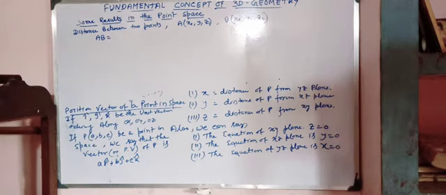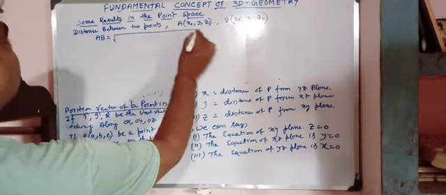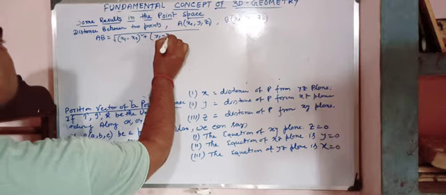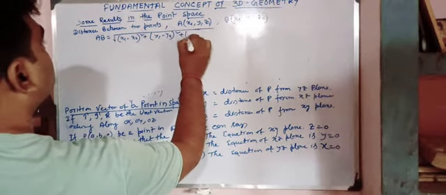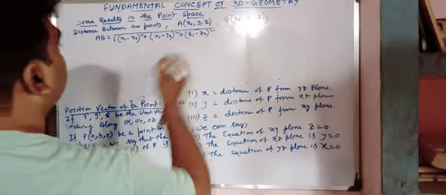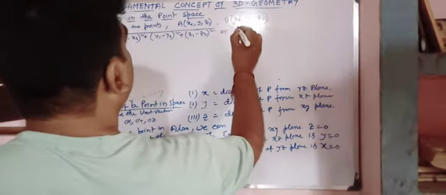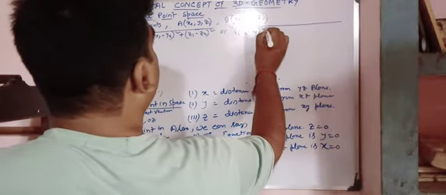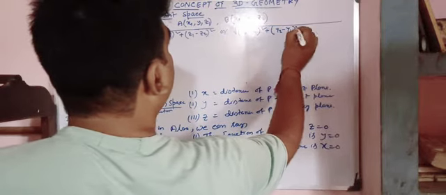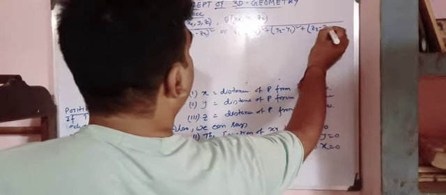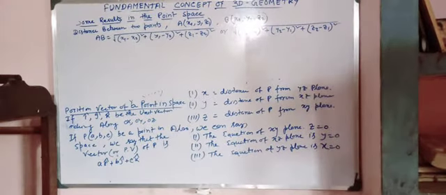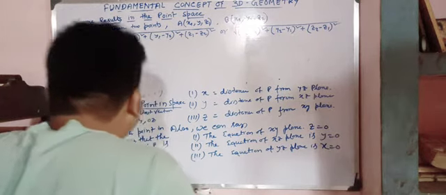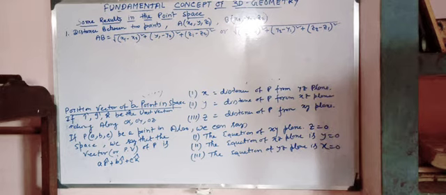The distance is the root under of (x1 minus x2) whole square plus (y1 minus y2) whole square plus (z1 minus z2) whole square, or root under of (x2 minus x1) whole square plus (y2 minus y1) whole square plus (z2 minus z1) whole square. So this is my distance formula.